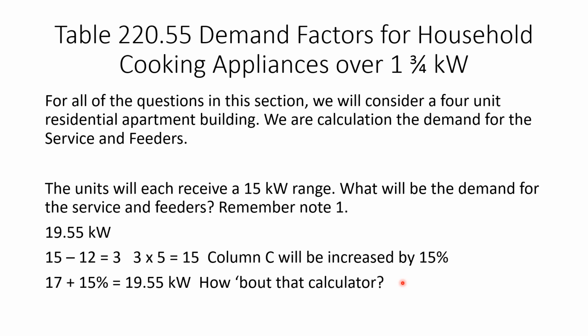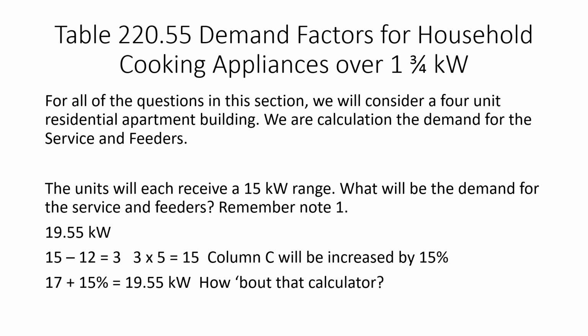Casio calculators work on margins, and it is a whole new presentation to talk about margins and why when you hit a percent key on a Casio calculator, you get a number that you're not going to be able to use on this exam. So if you had a Casio, I want you to consider buying a different type of calculator. Otherwise, you've got to figure out what 15% of 17 is, and then add it to 17, and there's just more room for error there.